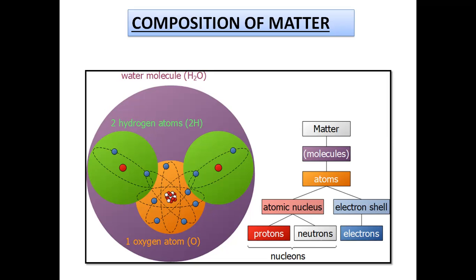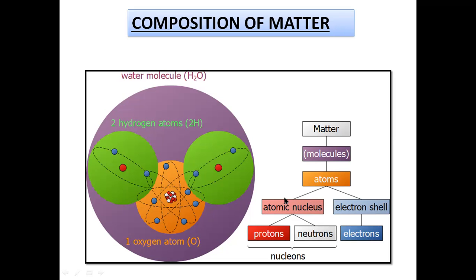So if we come in a descending way, what we will see? Matter is comprised of molecules. Molecules in turn are comprised of small components known as atoms. An atom is again comprised of two parts.